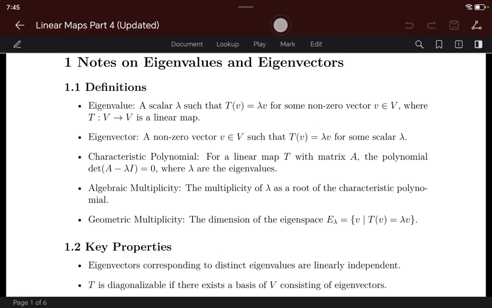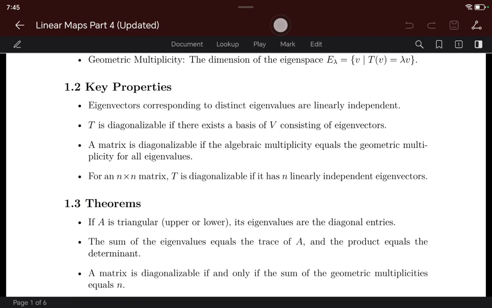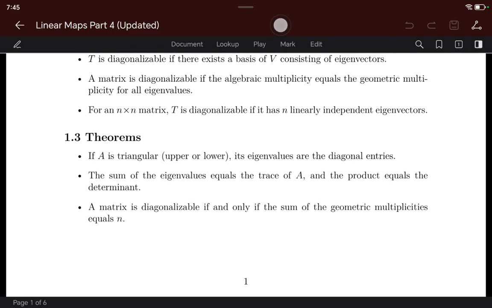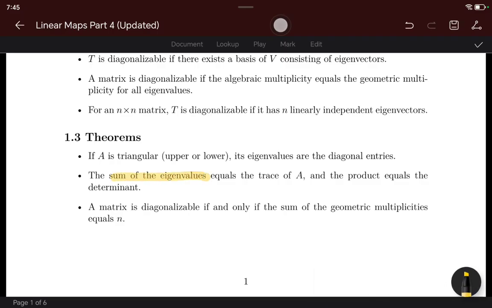I think maybe it's on the definition. Let me check. Yeah, it's on the theorems. The sum of the eigenvalues equals the trace of A.